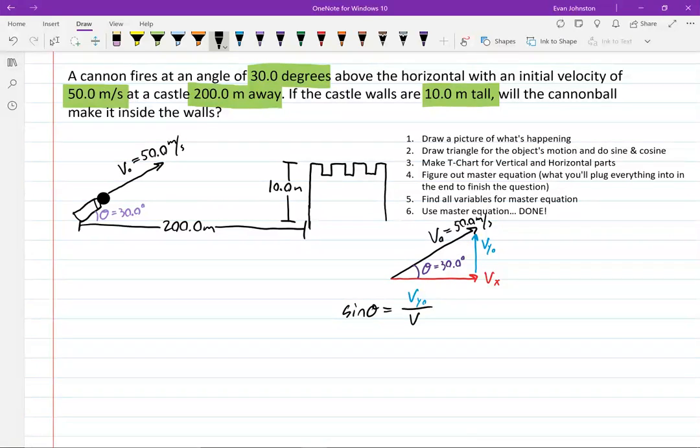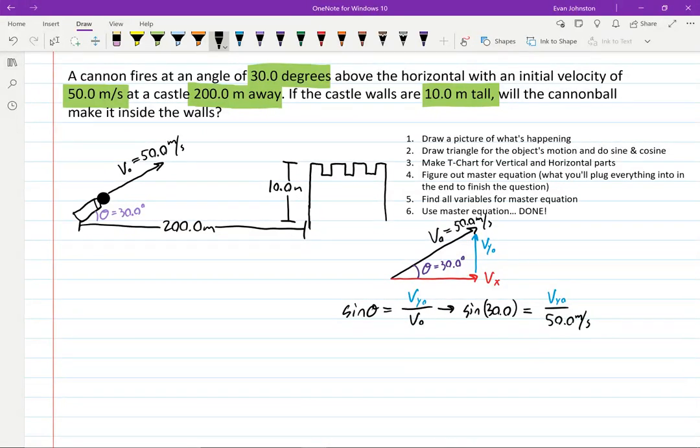I'm just going to put V naught here to start us off. Plugging that in, I would have sine of 30.0. Make sure your calculator is in degrees, not radians. We may mess with radians one day in a few units. That is our initial y over our 50.0 meters per second.